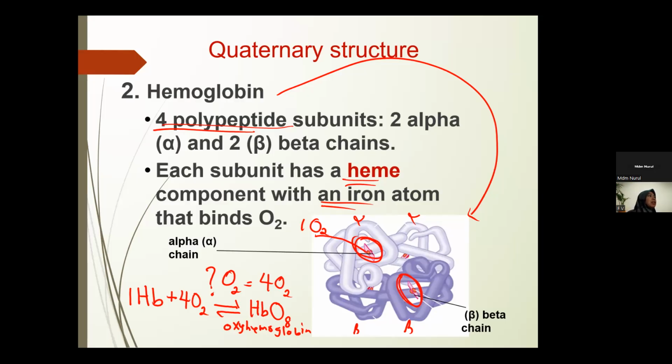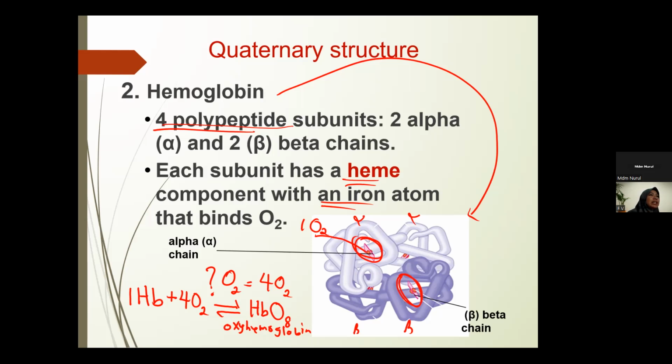So, kenapa dia boleh coil and folded? Because of the hydrogen bond. So, meaning to say, peptide bond tak ada ke dekat secondary structure? Tetap ada. Every level peptide bond is there, but it's just that dia ada additional interactions of bond. Understand? Alright.